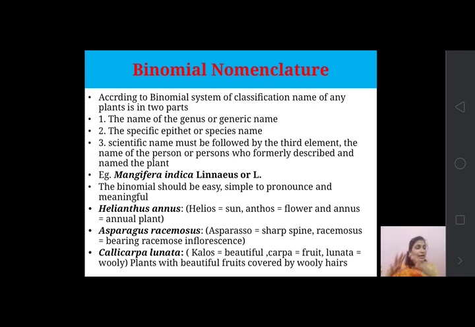And along with those two names, there is always the presence of one more thing. After giving the scientific name, that is, the two names, genus and species name, to a particular plant, this scientific name must be followed by a third element. Which is this third element? That is the name of the person or persons who first described and named the plant.